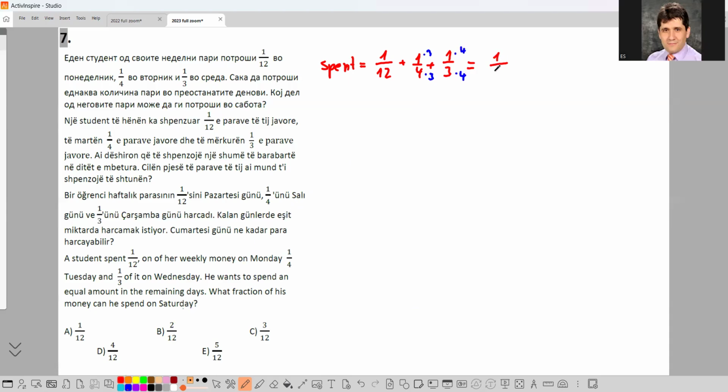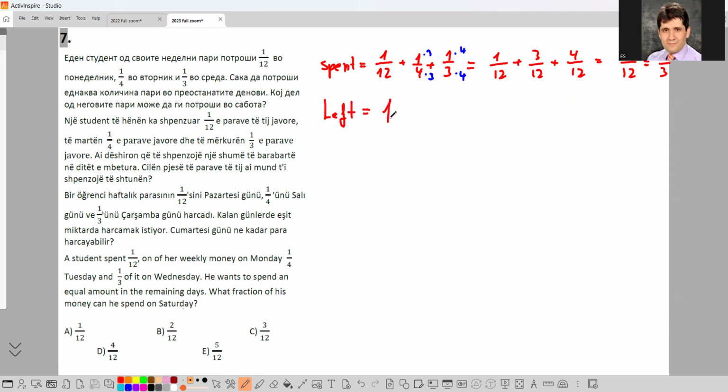I have 1 over 12 plus 3 over 12 plus 4 over 12, which means this adds up into 8 over 12. I can simplify a bit by 4, and I get 2 over 3 of the weekly money was spent on Monday, Tuesday, and Wednesday. Now, what's left?